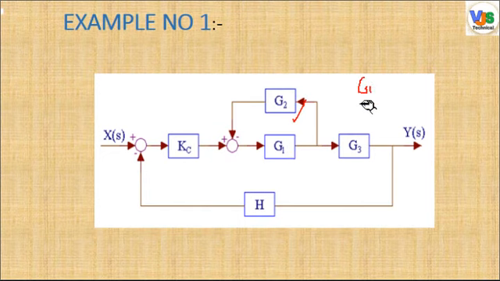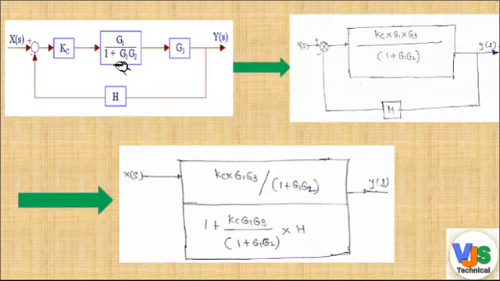G1 upon 1, and what is provided here is minus, that means negative feedback, so 1 plus G1 and G2. We make a single block and write it into the block. So we apply the rule here: G1 upon 1 plus G1 into G2, and the rest of the things stay as they are.